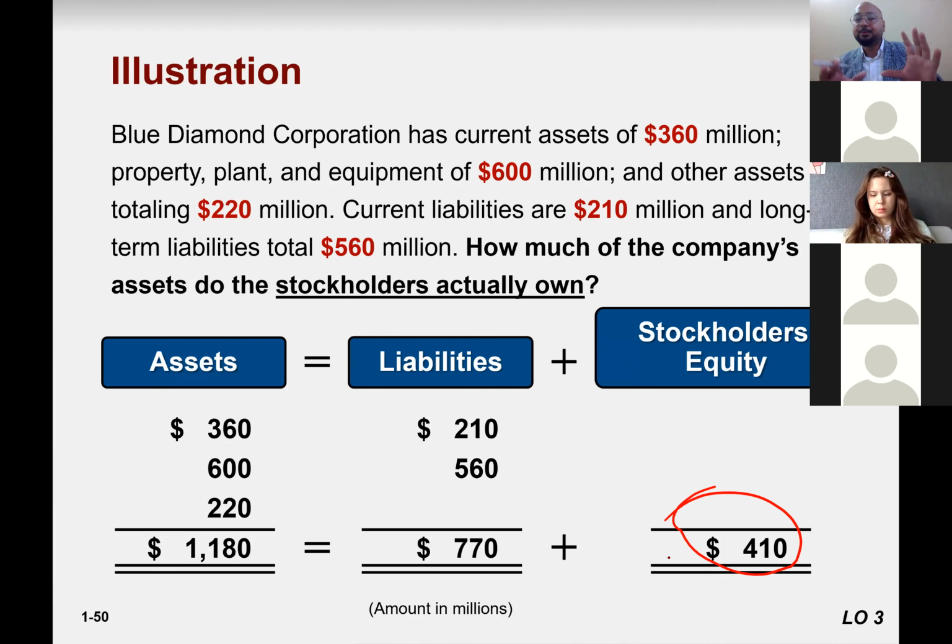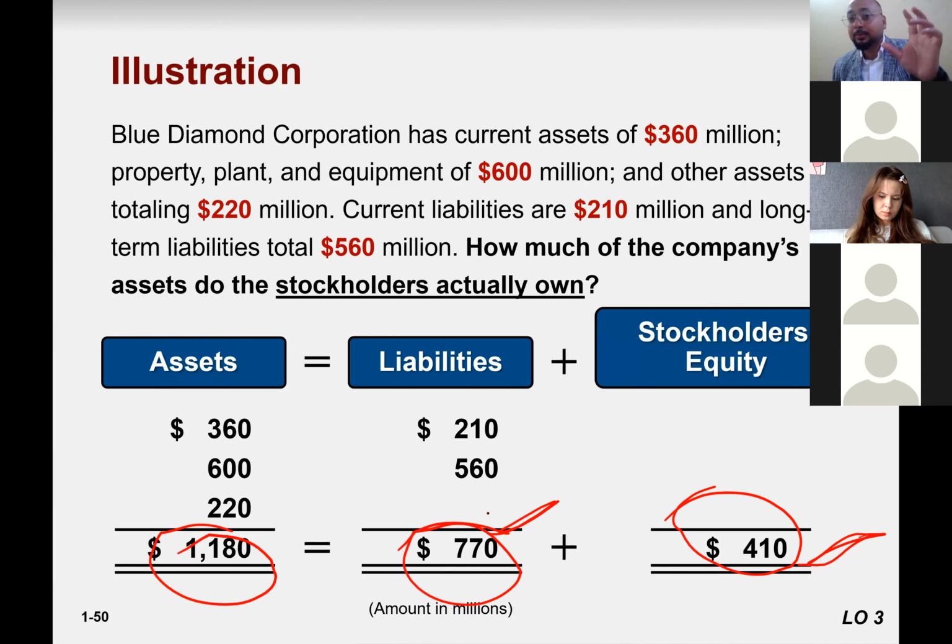So you can also use different methods or different definitions here. Let me just give you a different flavor. How much is the value of the company? $1,180 million, right? How much is invested by the owners? 410. How much is invested by the other people, other than the owner, the outsiders? Simple, 770.